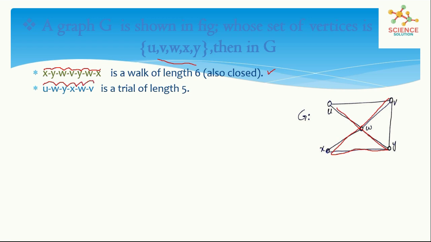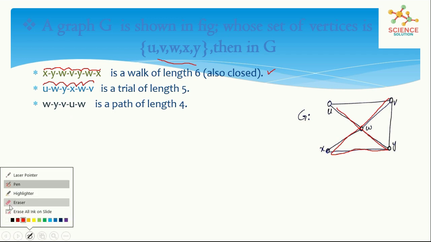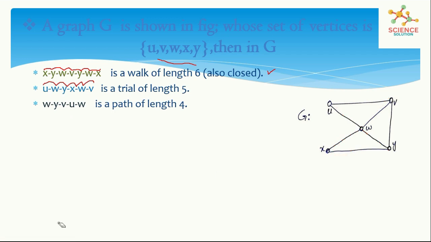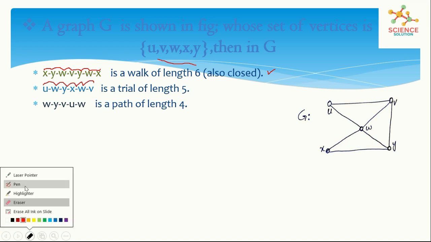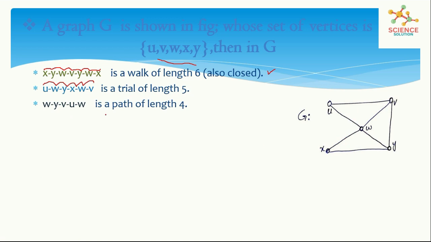Then we also see a path of length 4: W, Y, V, U to W is a path of length 4. Then U W Y X W V U is a circuit of length 6.